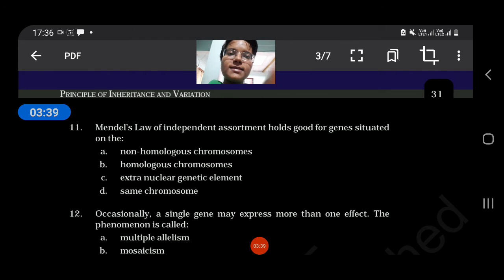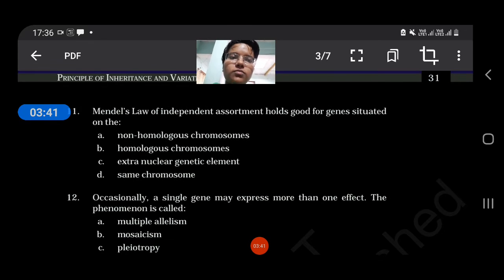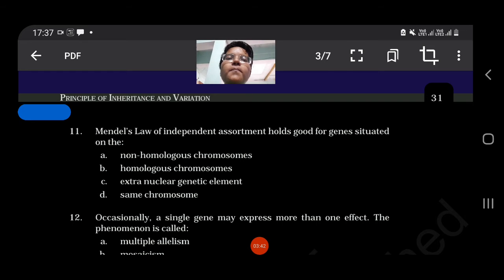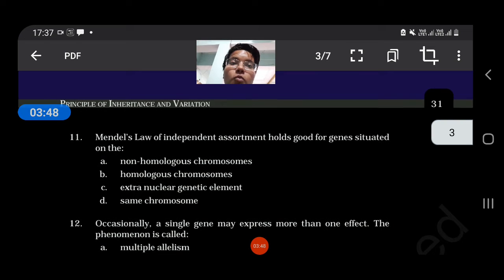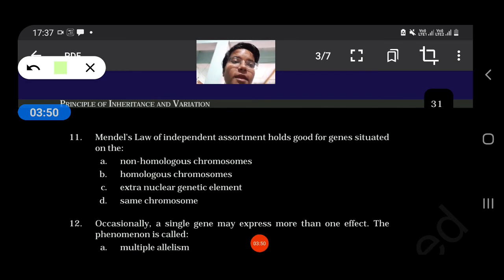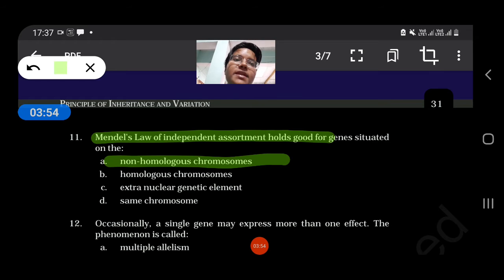Okay, this is non-homologous chromosomes.